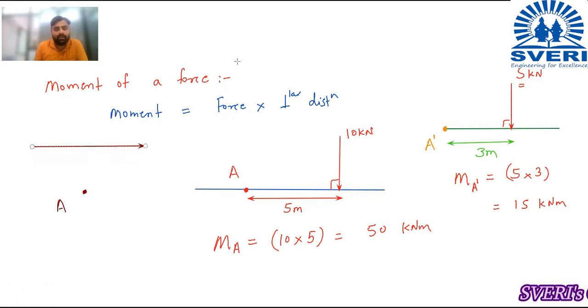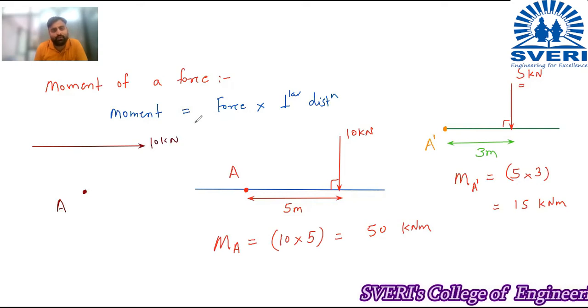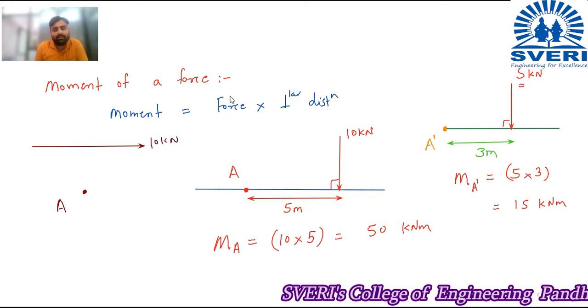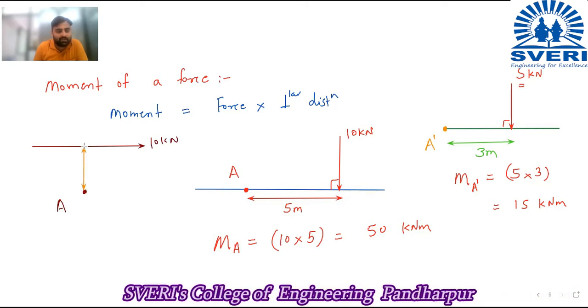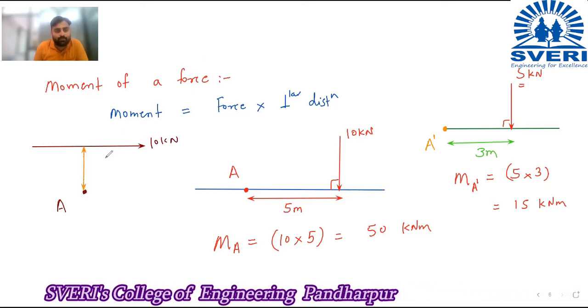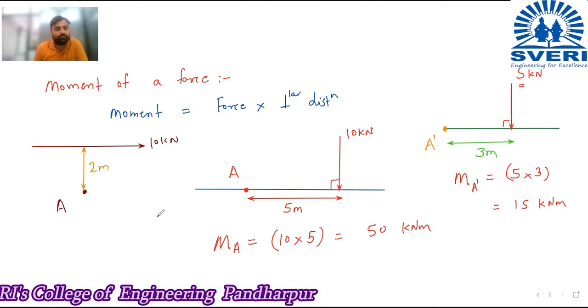And this magnitude, suppose take any arbitrary value, suppose again it is 10 kilonewton, and the distance of this point from this force is suppose 2 meter.